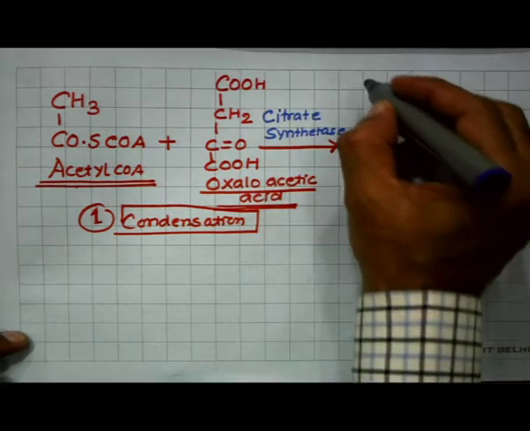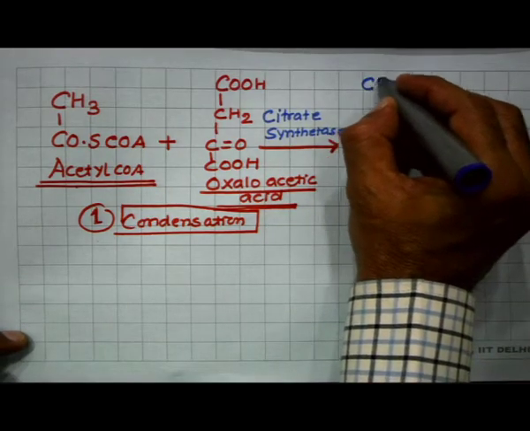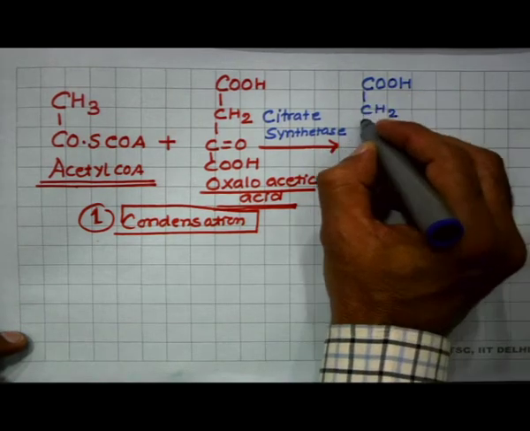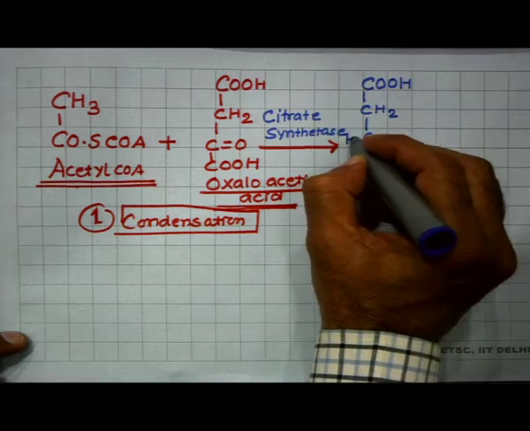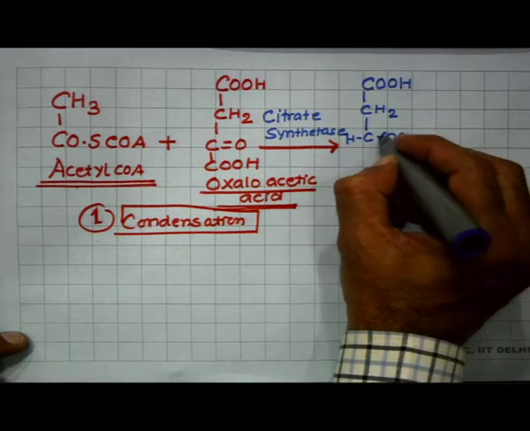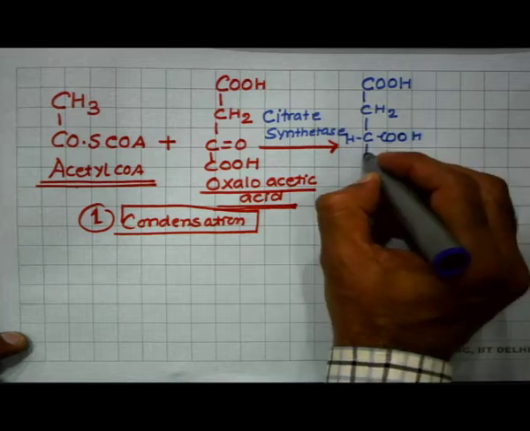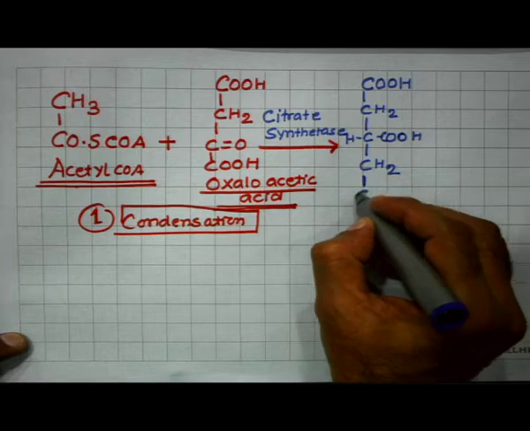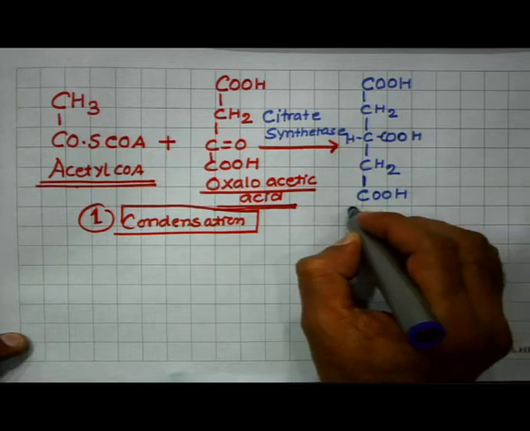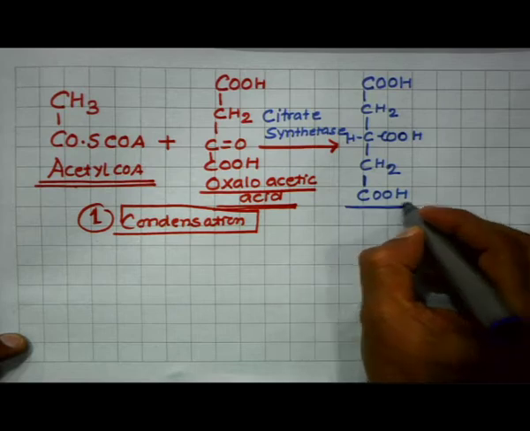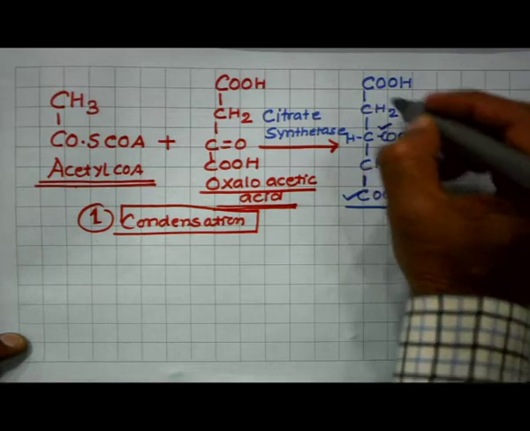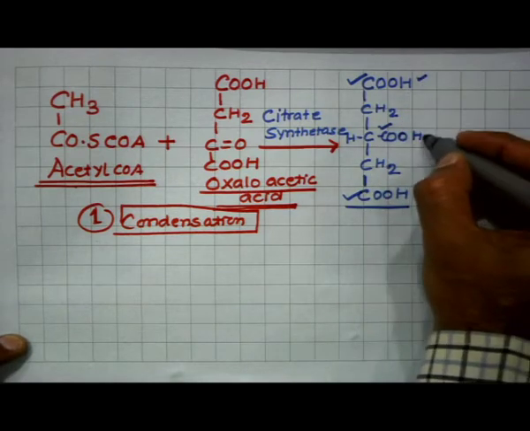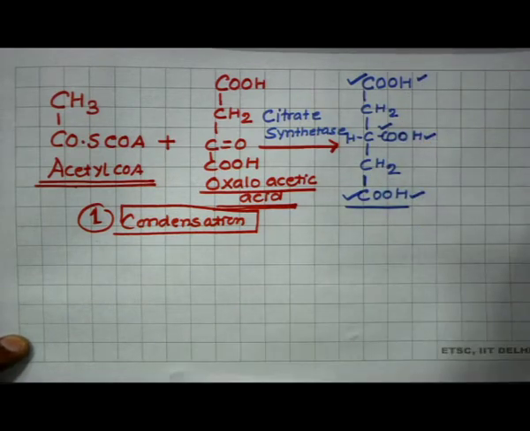And it forms citric acid, which is a 6 carbon compound: COOH, CH2, COOH. Here 3 acid groups are there, 1, 2, 3, 3 carboxylic acids are there.